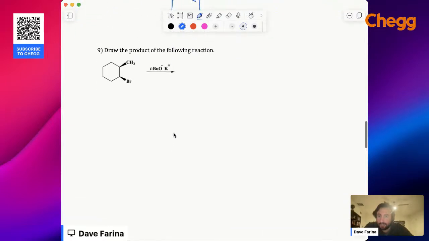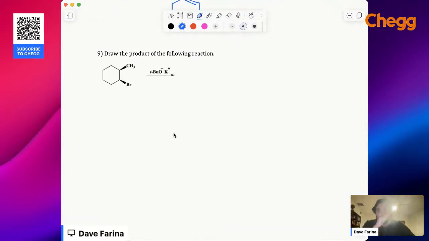Okay, let's look at a similar one here. Draw the product of the following reaction. So again, the exact same logic is going to apply. SN1, SN2, E1, E2.